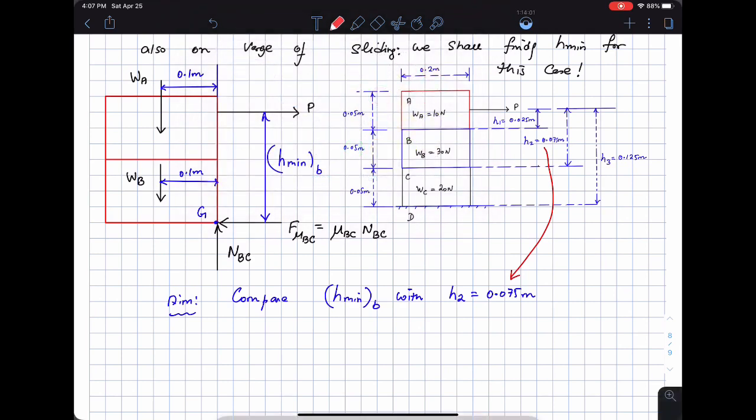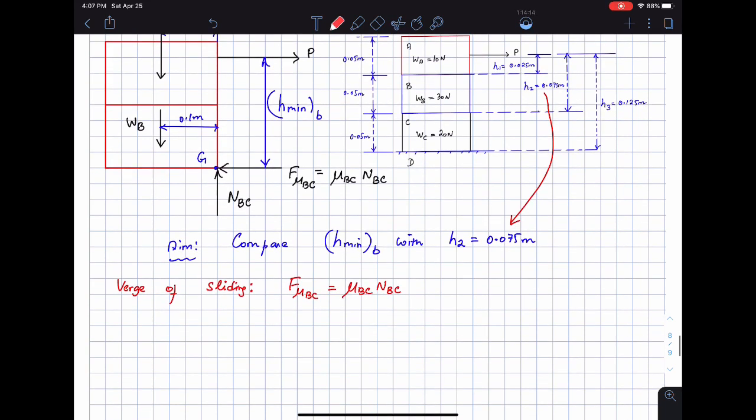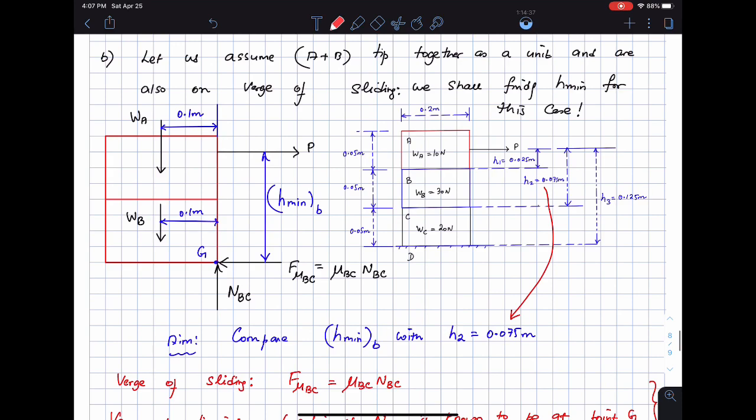So verge of sliding means that F mu BC is equal to mu BC times NBC. We are on the verge of tipping as well. Then the location of NBC is known to be at point G, and all we have to do is go on our merry way and find out what these values are.